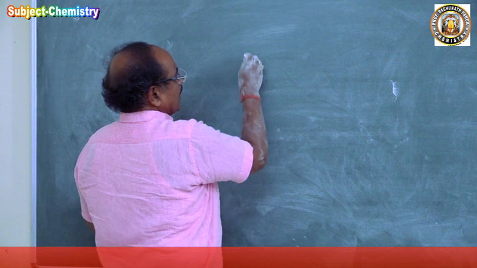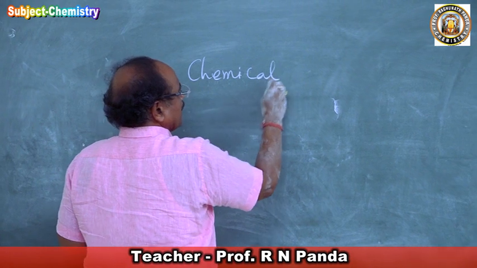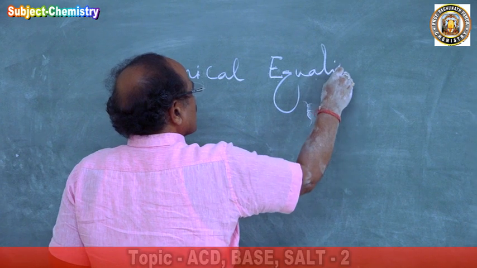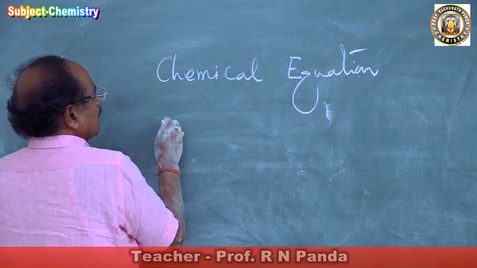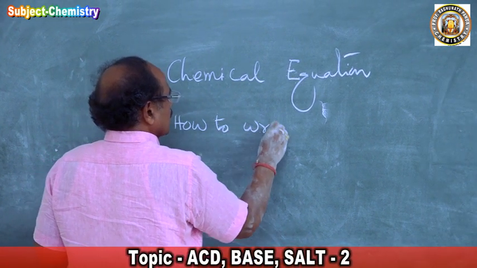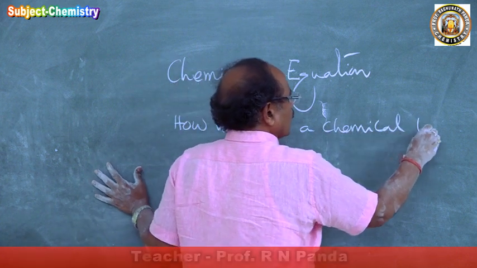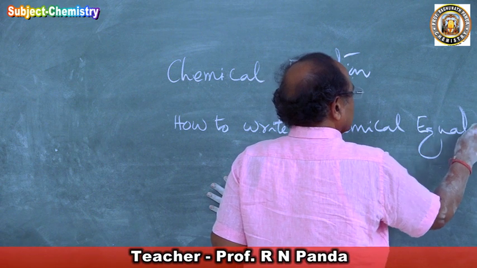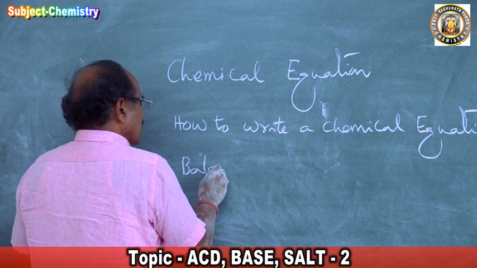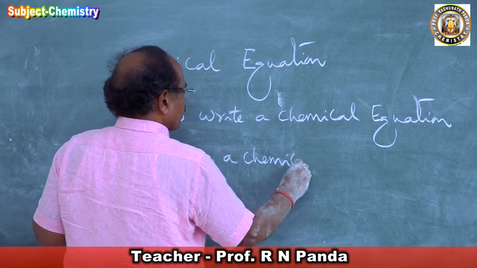So the next class which I am going to do, I will cover what is a chemical equation, then how to write a chemical equation, and then balancing a chemical equation.